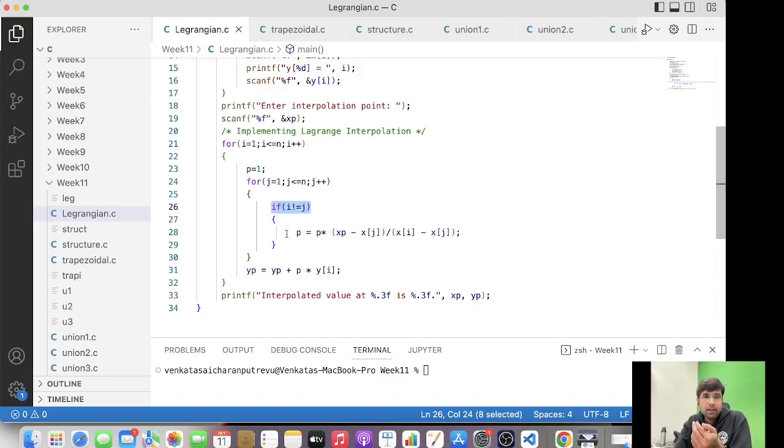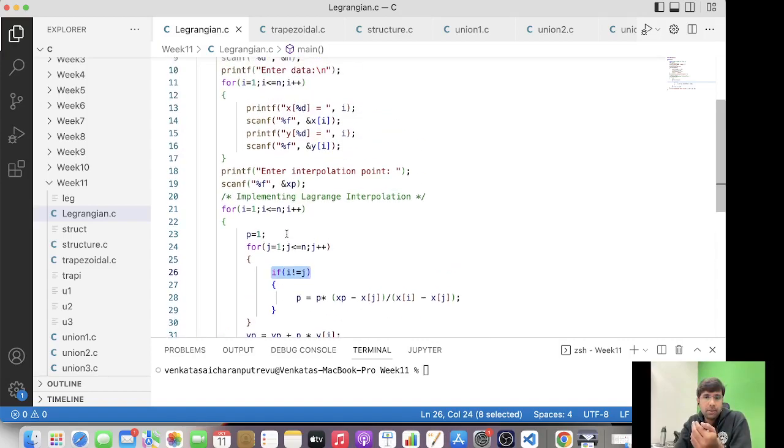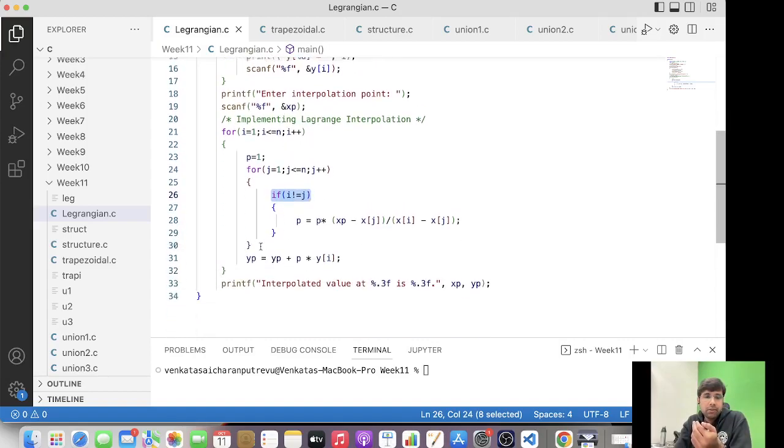And here p represents the interpolation point. This is more or less the same logic: (xp minus xj) divided by (xi minus xj). So the p will be changing for L0, L1, L2. Finally we will be adding that value to yp to update the value. So this is more or less the logic of this particular code.